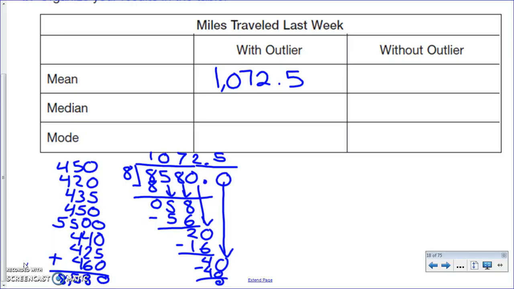So now we're going to do it without the outlier. And the nice thing we can do is all we have to do is take the total we have and just subtract the outlier from it. We don't have to add the numbers up all over again.